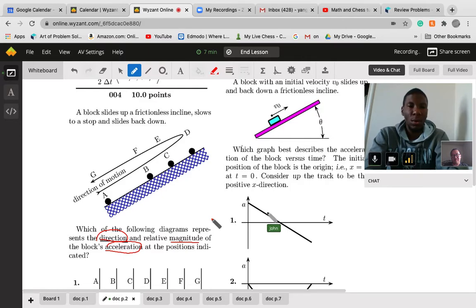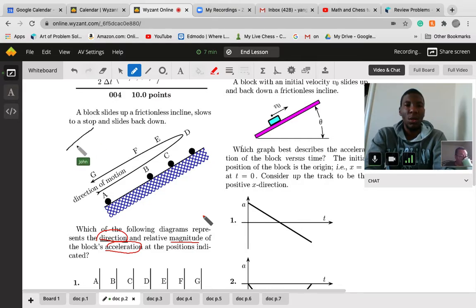The direction is like this, like that, like this.